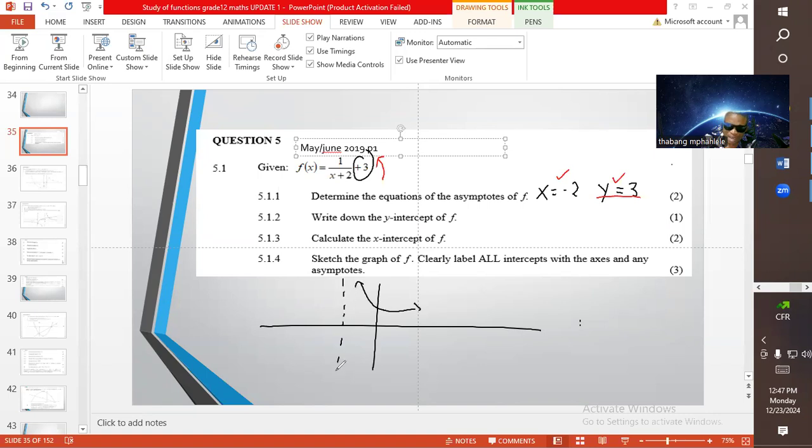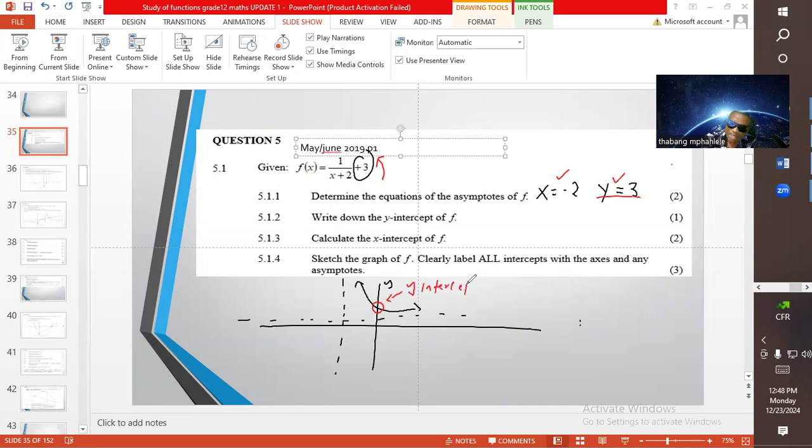Maybe we have the asymptotes. Suppose the graph is like this. We see that the graph is cutting the y-axis at this point. Let me specify it with a red color. Yes, the graph passed the y-axis at that point, and that point, which is the y-cut of the graph, is our y-intercept.